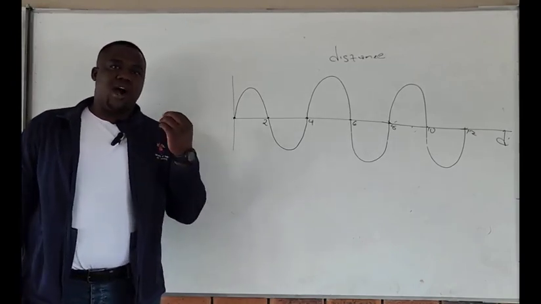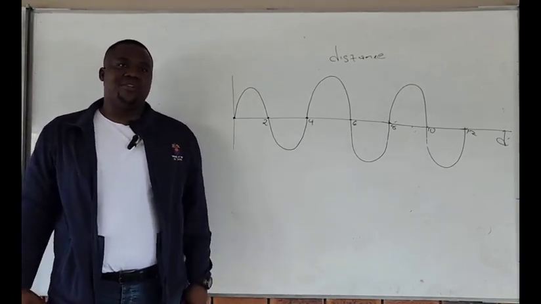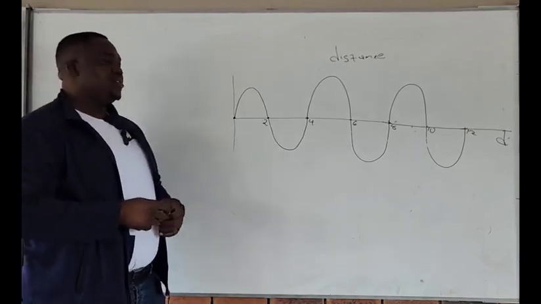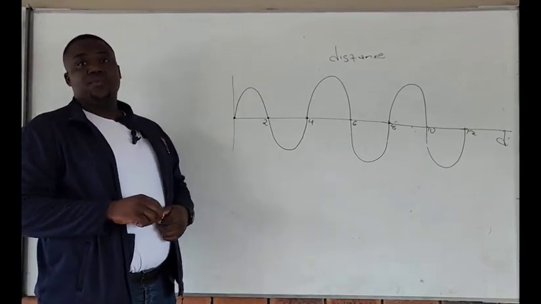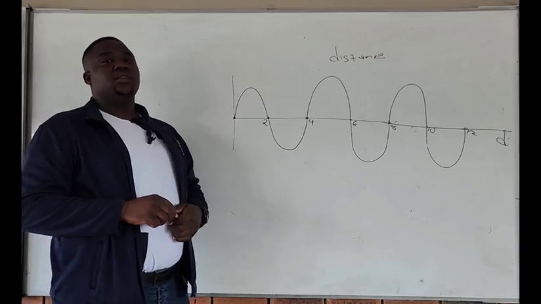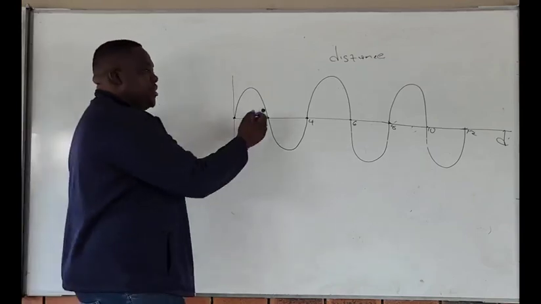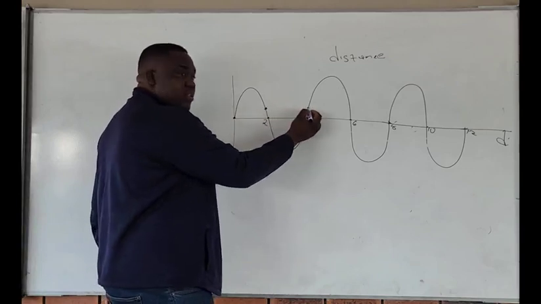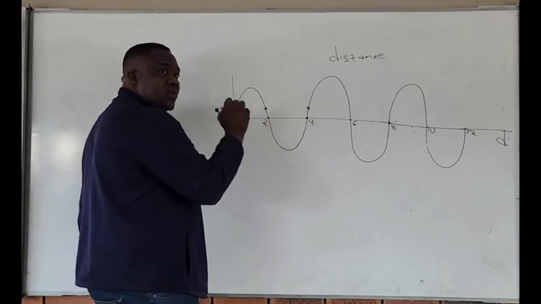Because of how I explained the wavelength to you, one may say that the wavelength of this wave is 2, which is incorrect. Someone may say the wavelength is from this point to this point, which is incorrect.